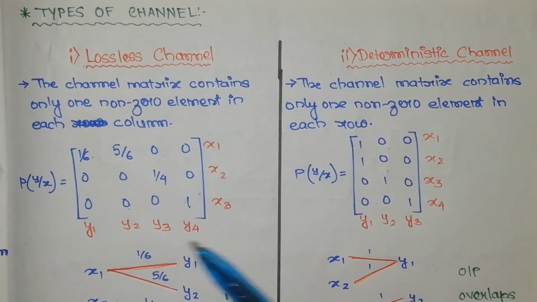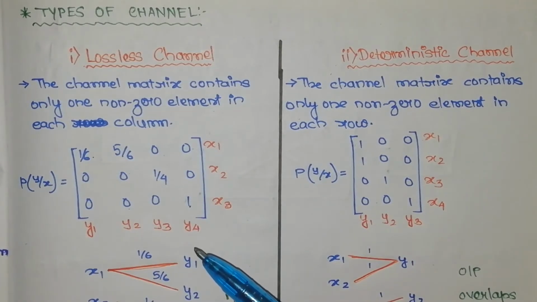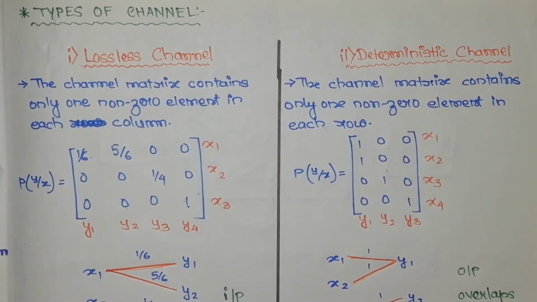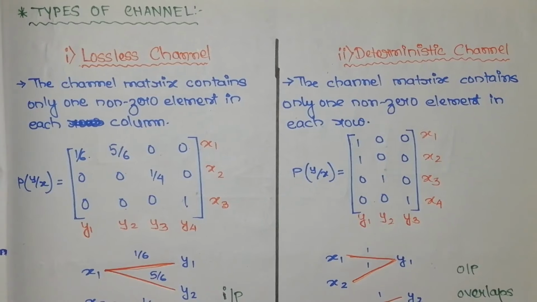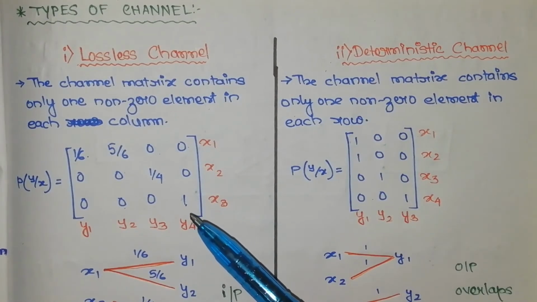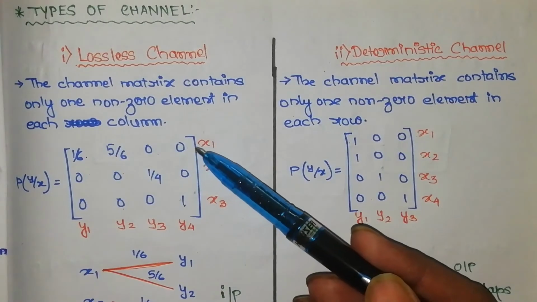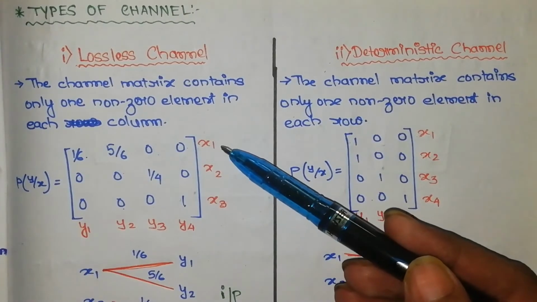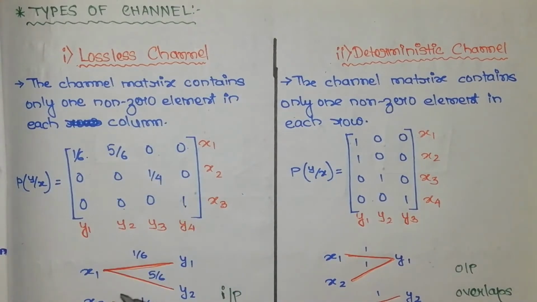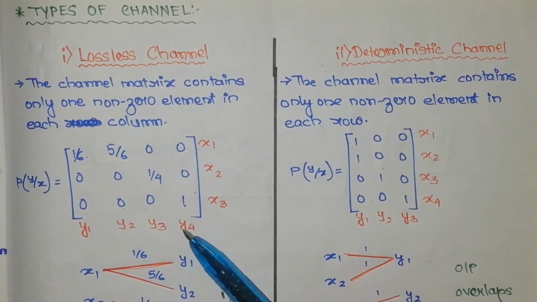So this type of transition matrix will define a lossless channel. As I have told you, the number of columns will be the number of outputs and the number of rows will be the number of inputs. So as there are 3 rows, there will be 3 inputs x1, x2 and x3, and as there are 4 columns, there will be 4 outputs y1, y2, y3 and y4.